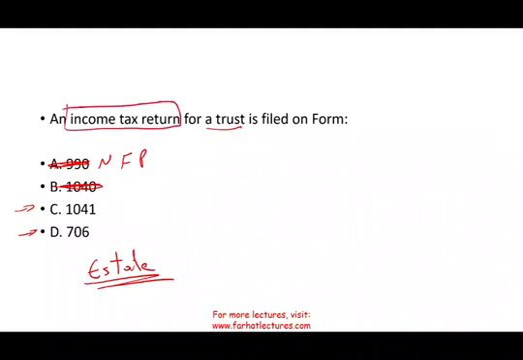When you think of income tax return, you think of 1040, right? Because it's a return, and you prepare the return every year. So it's a tax return. Therefore, if I have to guess between C and D, I'm going to guess C because it's an income tax return, but it's for a trust. The 1040 is an income tax return for an individual. I don't think they'll ask you this question on the exam.